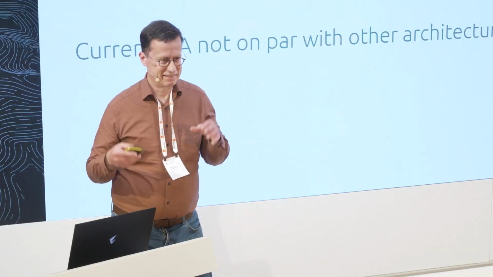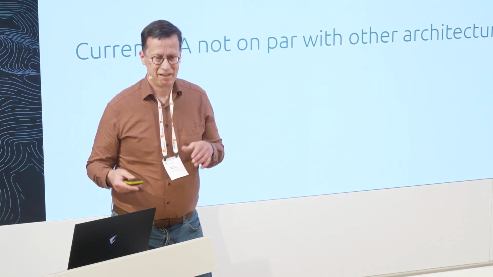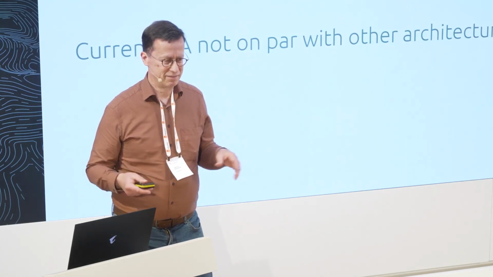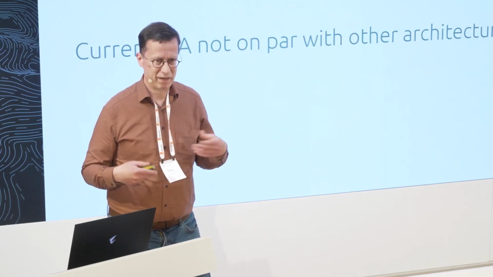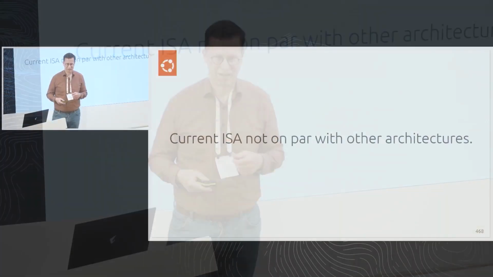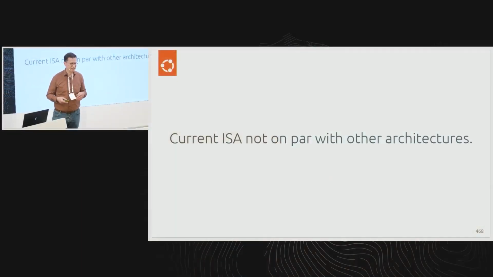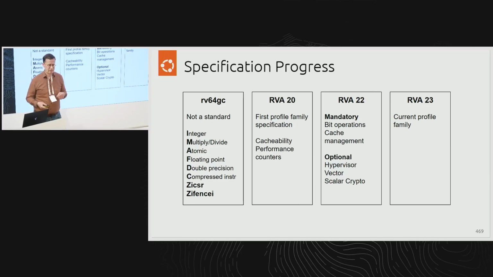So the ISA that we came up with when we launched our first image for RISC-V in 21 is not really up to the standards that we expect. And this is why RISC-V International, the organization that was founded, I think, in 2015, to standardize the different extensions for the RISC-V ISA, took up their work.